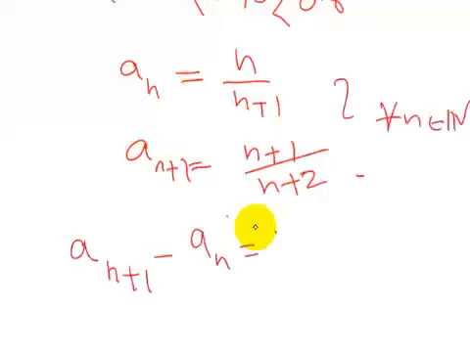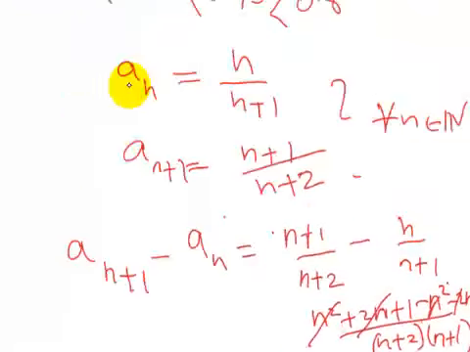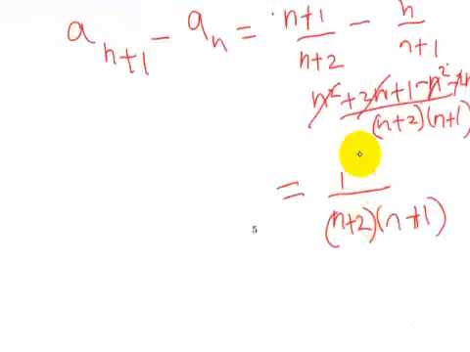When you simplify, you get 1 over n plus 2 times n plus 1.